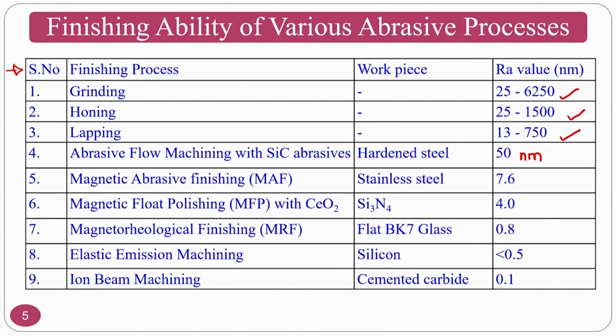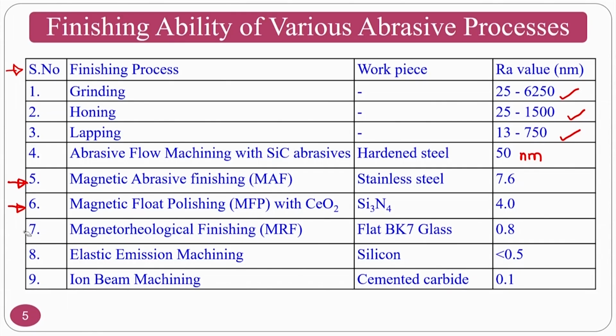Magnetic abrasive finishing, which we are going to study in this particular class: on stainless steel, people achieved 7.6 nanometers. Magnetic float polishing with cerium oxide as abrasive particles achieved 4 nanometers, which is very good. This part also we will see in this particular process.